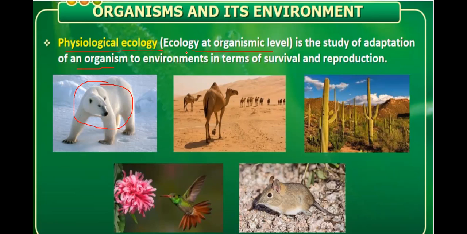So this is called ecology at organismic level. How an organism is adapted in its surrounding environment, that is called physiological ecology. In the terms of survival and reproduction, camel is adapted to live in desert, cactus is adapted to live in desert, then there is a flower, there is interaction between two living beings, it is having its own adaptation. So all these things come under this physiological ecology.